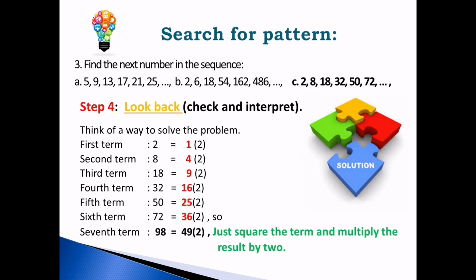In short, if we're going to get the 10th term of this sequence, you're going to multiply 10 times 10, that is 100, then multiply by 2, that is 200. If we're going to go further in getting the next sequence on the 20th term, simply you just multiply 20 by itself, that is 400, then multiply by 2, that is 800.